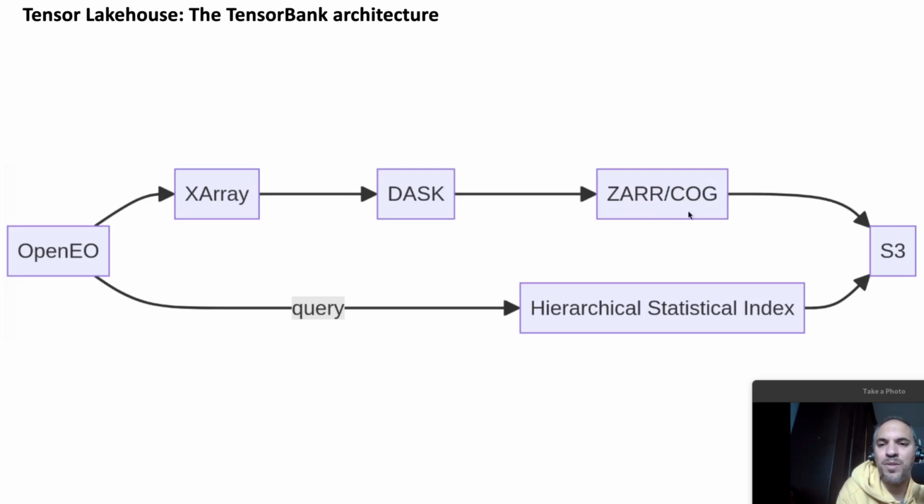So it doesn't matter which of those two you use. We use at the moment COG for satellite images and zarr for climate data. And that's all residing in Cloud Object Store. So that's a relatively straightforward stack. So this whole stack between xarray and S3, that's also known under the Pangeo name.